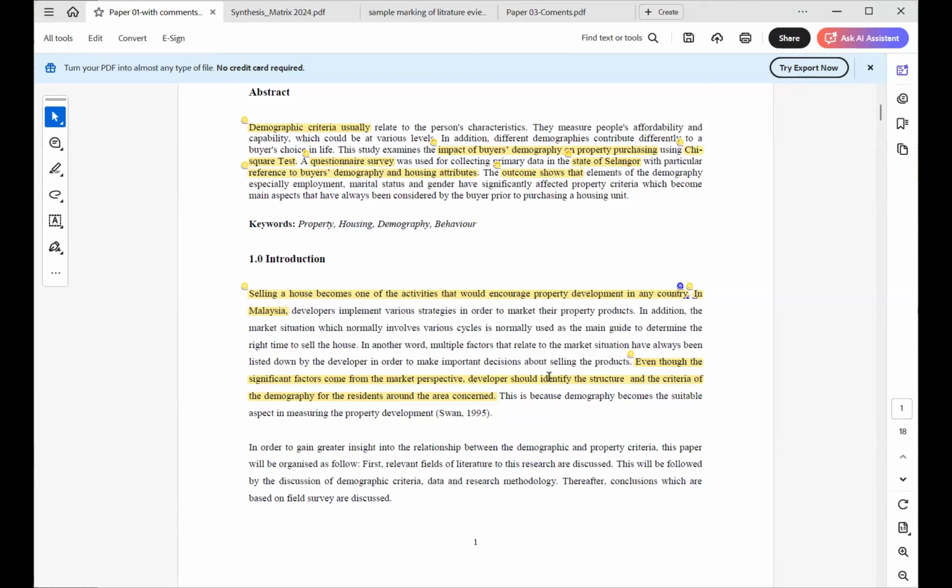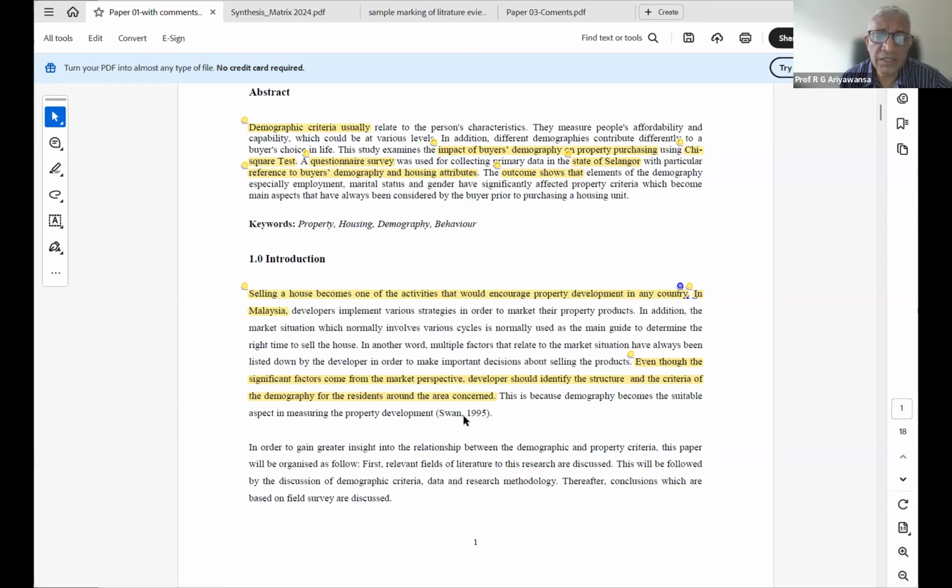Yes, sir. Right. Then lastly in this paragraph, they are saying this is because demography becomes the suitable aspect in measuring property development. So this is not their own statement. They have borrowed and copied it from another article.